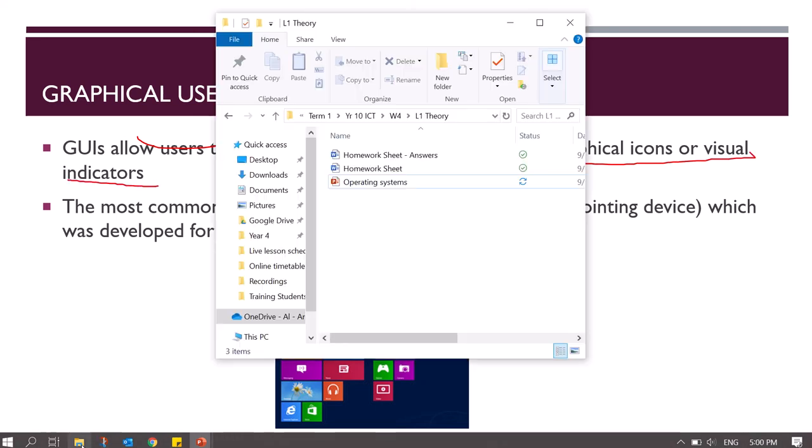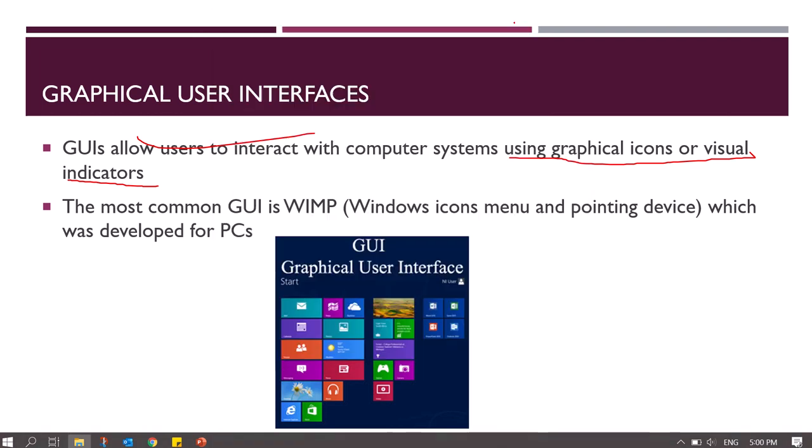So this Windows that I'm using as my operating system is having a graphical user interface over here. Graphical user interface, the most common one is called WIMP: Windows, Icons, Menus and Pointing Device. You can see WIMP comes from these letters W, I, M and P. This was developed for mainly desktops and PCs.